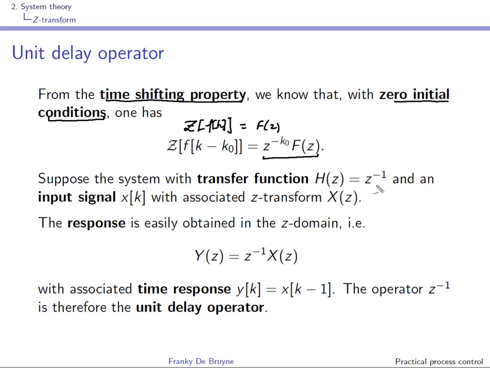So for instance, if you have a system with transfer function z to the minus 1, and you compute the response to an input signal x of k with associated Z transform X of z, the response is simply, as we have seen, H of z times X of z. In this case, H of z is z to the minus 1, so the output is z to the minus 1 times X of z. If you take the inverse Z transform, this is what you obtain. So you can see here that z to the minus 1 is really the unit delay operator.